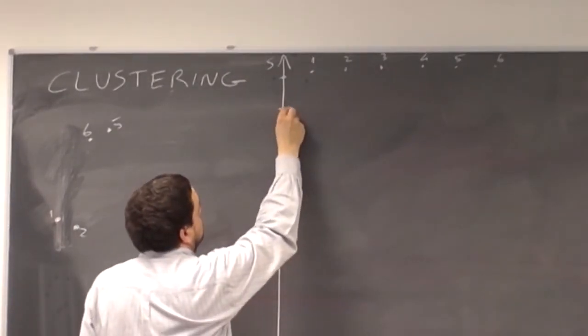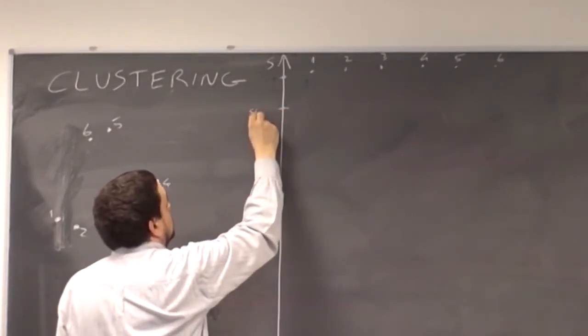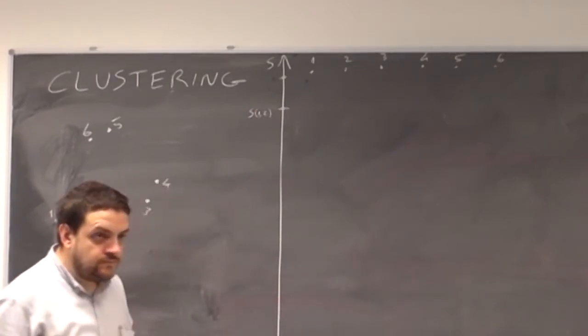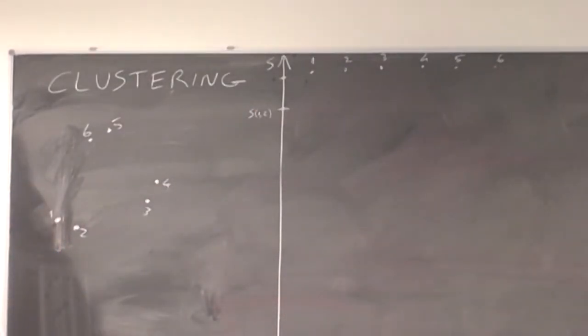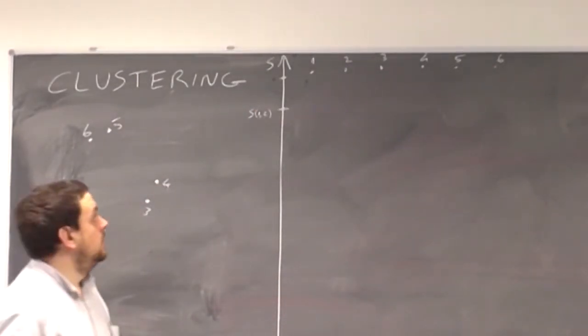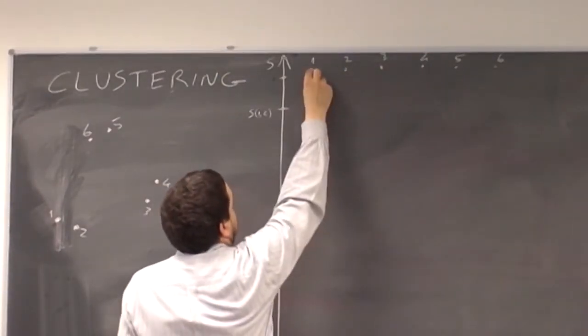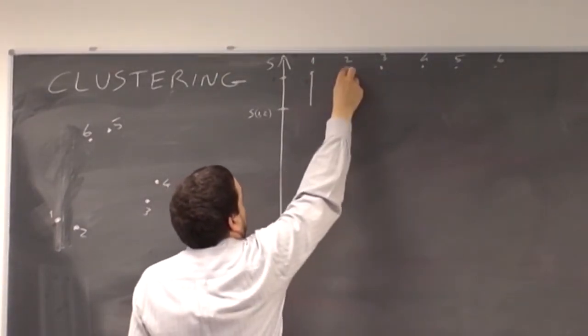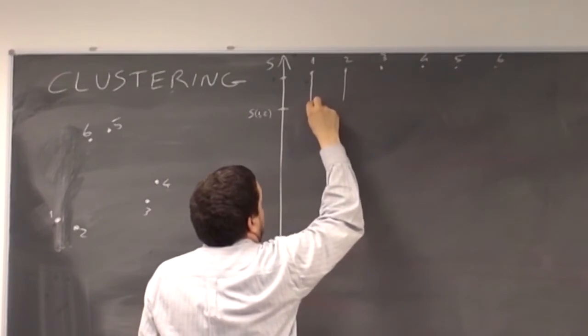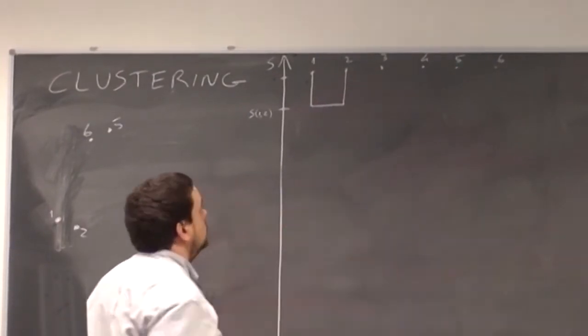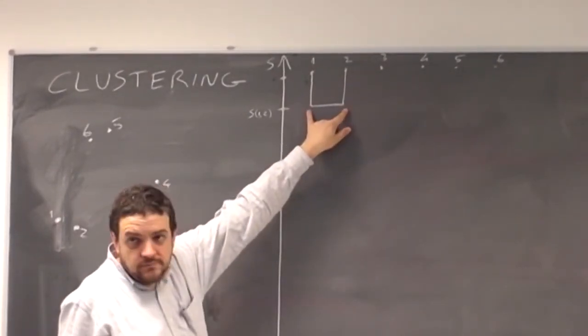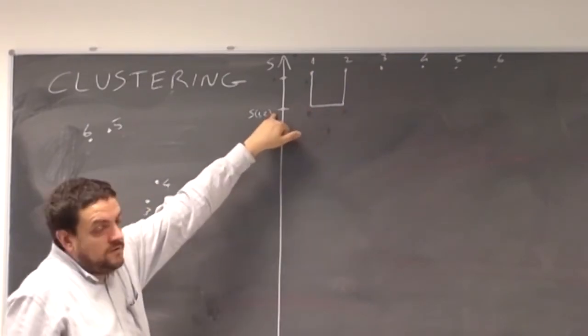So suppose it's this one. Let's say that the two elements, 1 and 2, are connected together at this level of similarity.